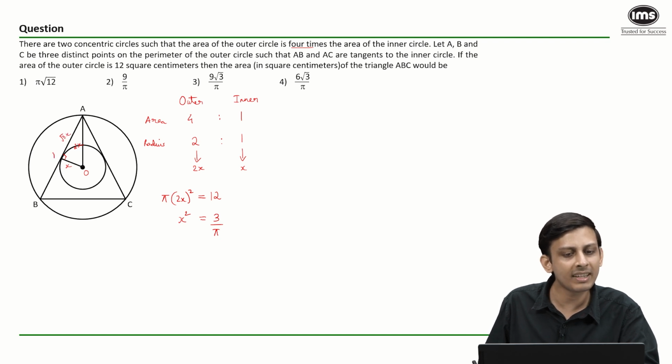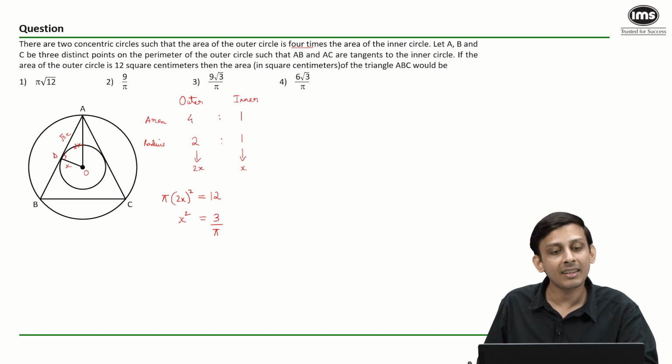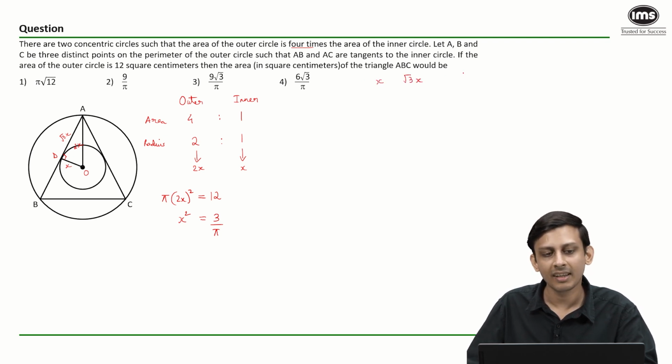If I name this point D, AD will be root 3x. And so we can see that the ratio of the sides of this triangle is 1 to root 3 to 2. We have the sides of the triangle as x, root 3x, and 2x.